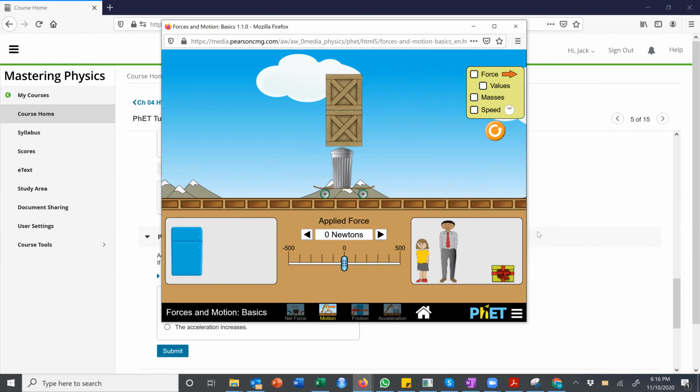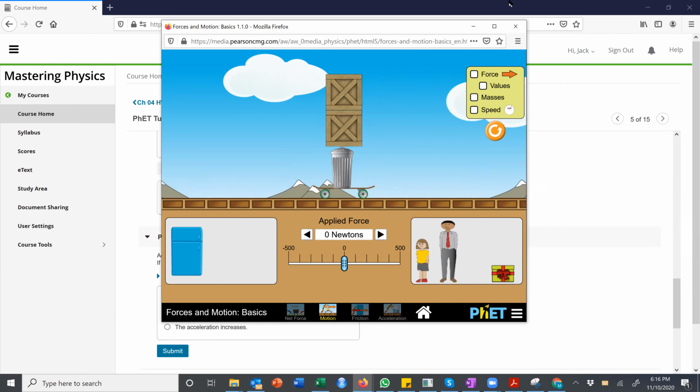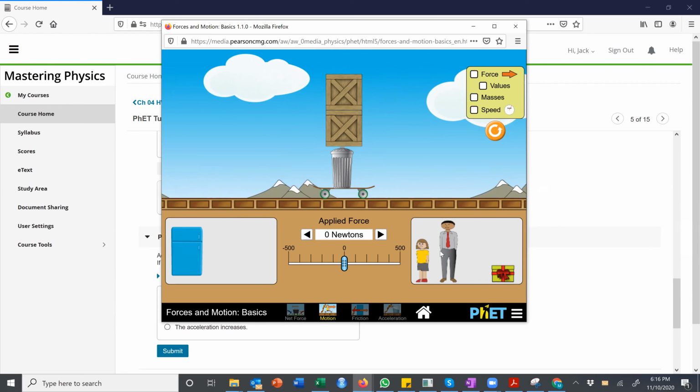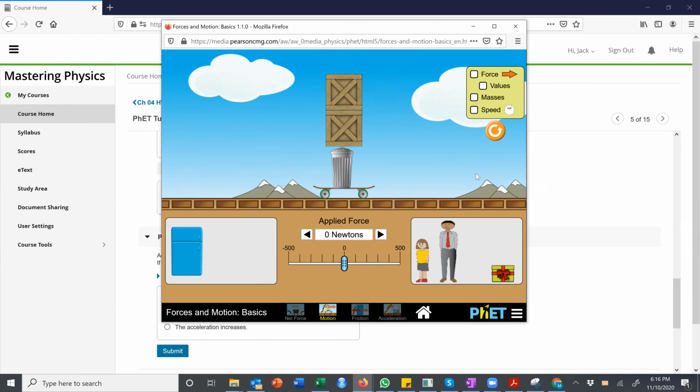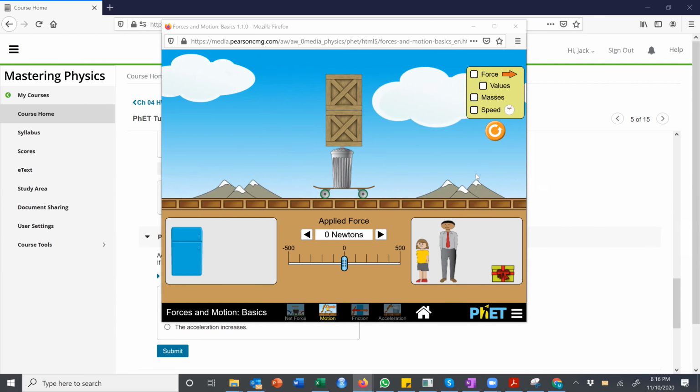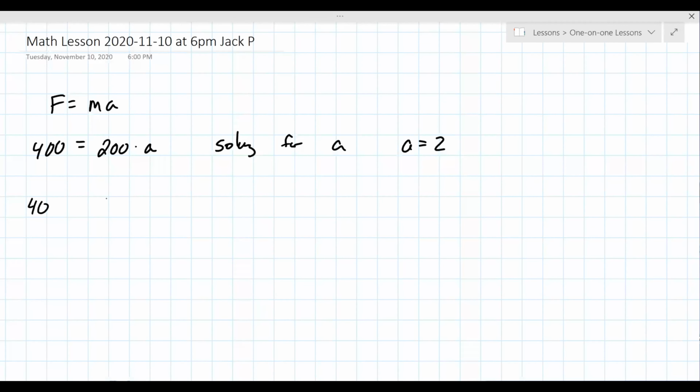Well, if mass goes up, does the acceleration go up or does it go down? Well, you've got to see the equation to understand. So let me go back to this. Let's say the mass is now 400. What's the acceleration?